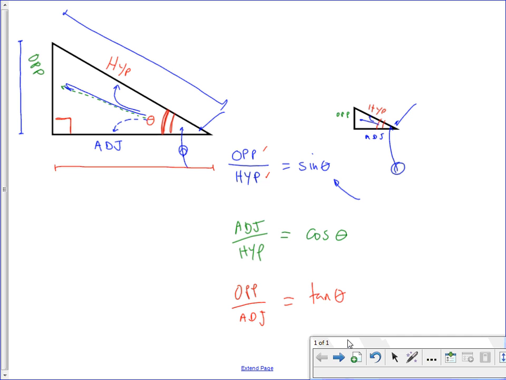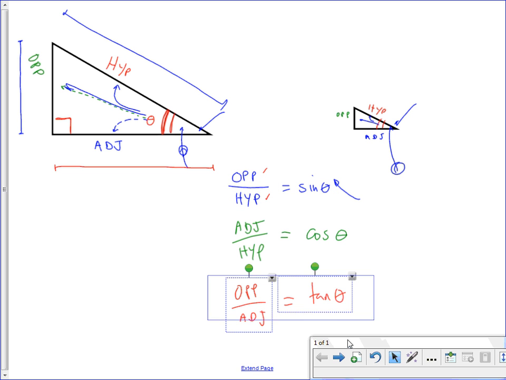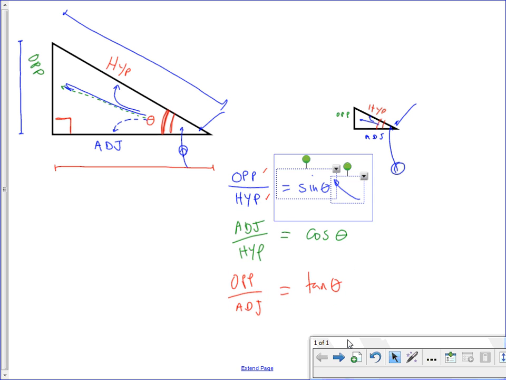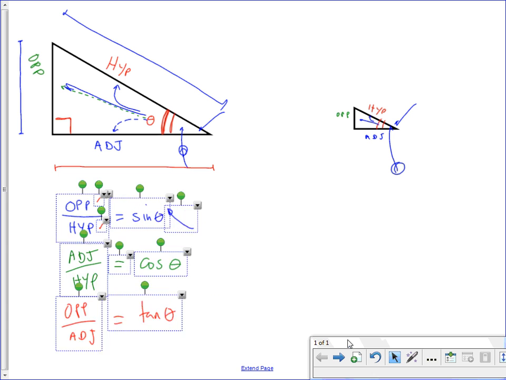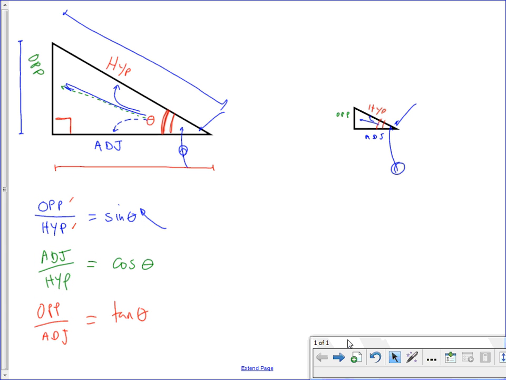Okay? And so someone then made what we call a mnemonic device out of this. And they said, since sine is defined to be that ratio, and cosine is defined to be that ratio, and tangent is defined to be that ratio, we can sort of abbreviate this as sine is defined to be opposite over hypotenuse.